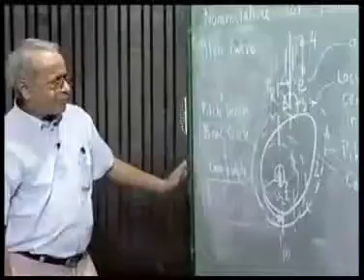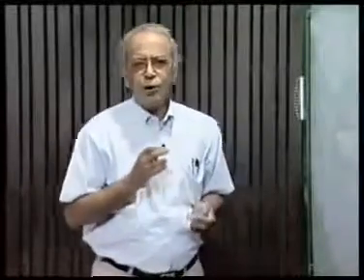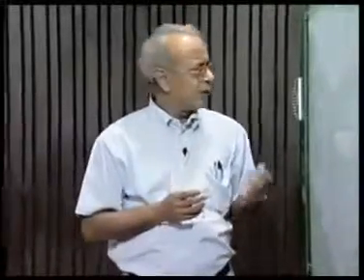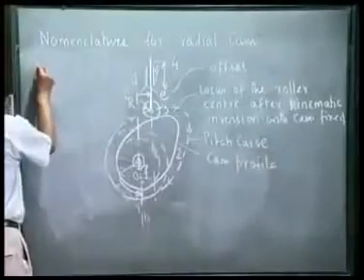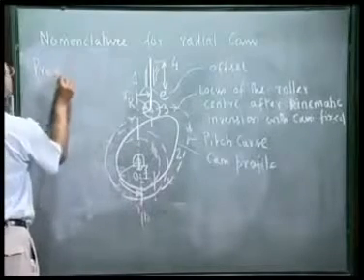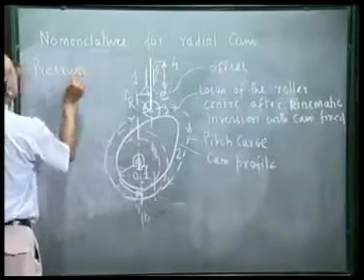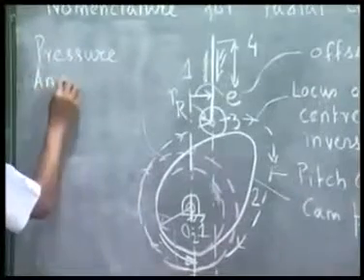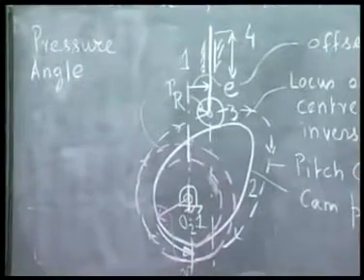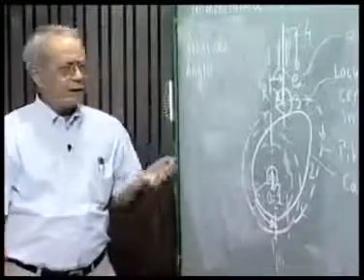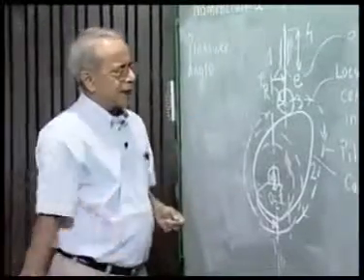So, this we can call positive E for counterclockwise rotation, which I take as the positive direction of rotation of the cam. Now, we define one more important parameter for this cam follower system, which we call pressure angle. The importance of pressure angle can be clear if we look at this diagram.